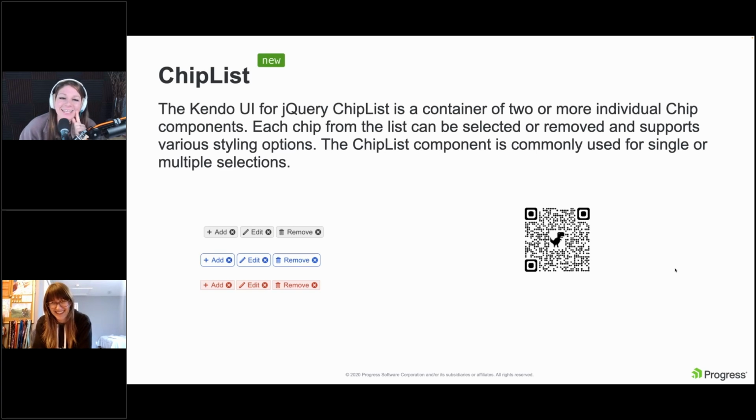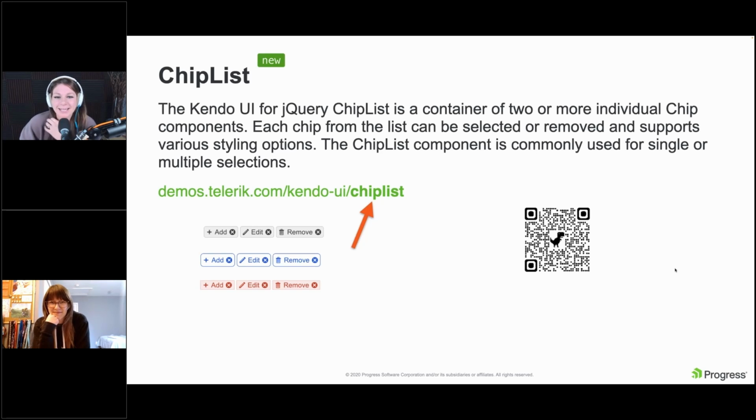The ChipList is the third new component, and I think it's really cool. They came out at the same time. I don't think we got them at the same time for Angular. Yeah, so we didn't. The chip list is an associate of the chip, because you have to have the chip component in order to have a chip list, right? So you can see here below, that totally makes sense. There's the link for the chip list, and it's just /chip for the jQuery components.